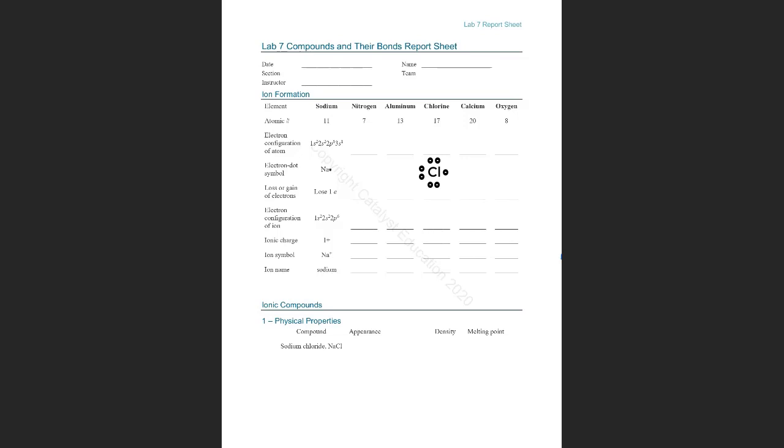But since it's 7, it's going to be completely full except for 1. One side is only going to have 1. Now, is it closer to the previous noble gas or the next noble gas? Chlorine's a lot closer to argon than it is to neon, a lot closer to 18 than it is to 10. So chlorine's going to gain 1 electron. And I would write gain 1.